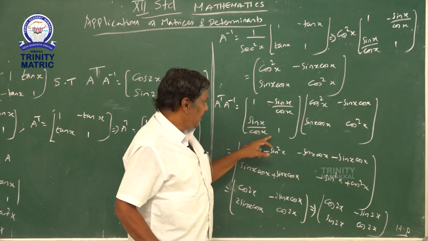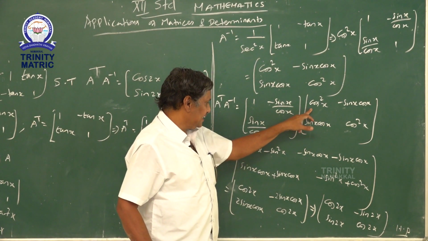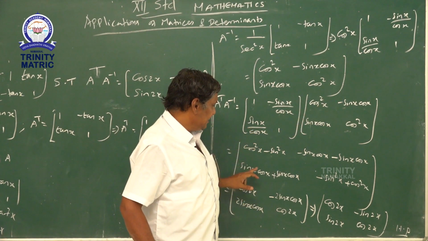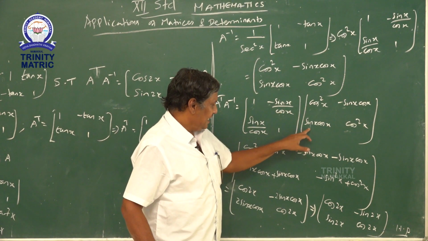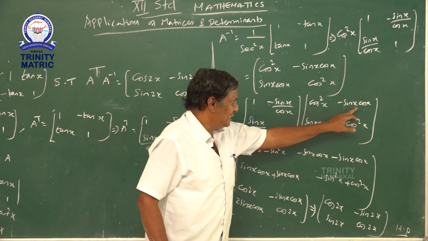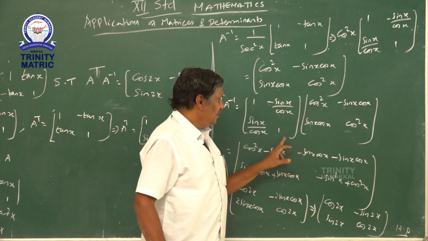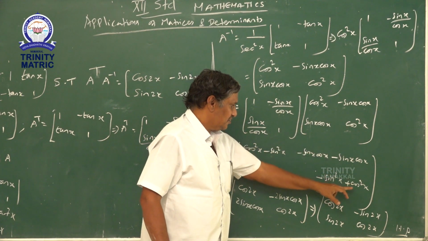Second row, first column: sin x by cos x into cos square x is sin x cos x, plus sin x cos x. Again, sin x by cos x into minus sin x cos x, the cos cancels, so minus sin square x. 1 into cos square x, cos square x.